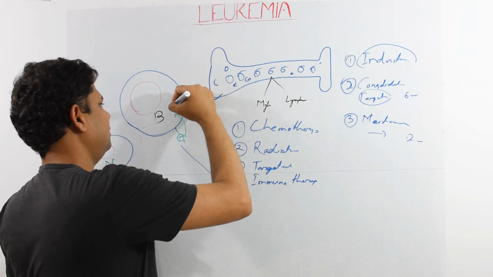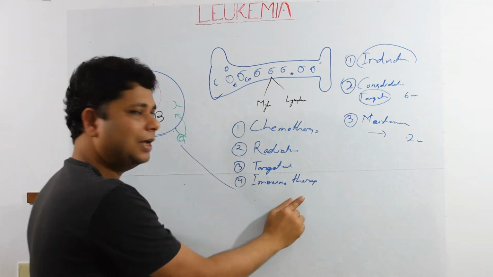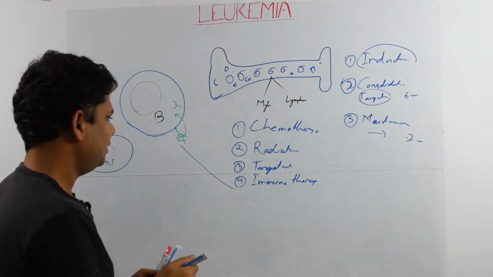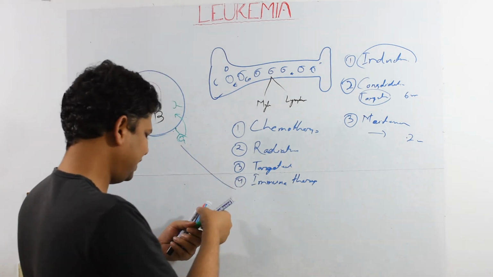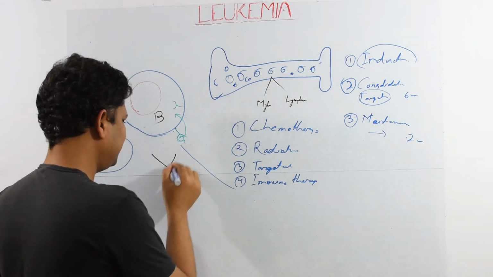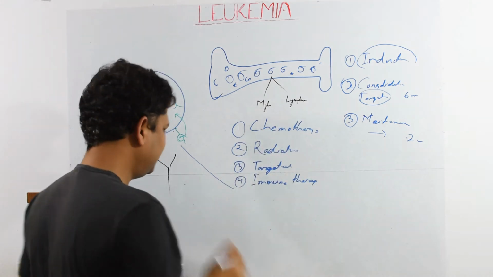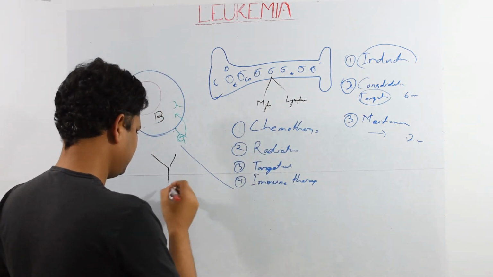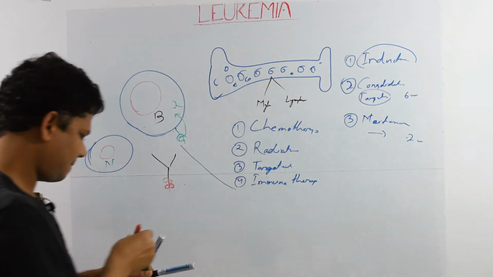This is the concept which is important for immunotherapy or antibody-drug conjugated therapy. Then, after finding the antibody, suppose this is the antibody, they conjugate some chemotherapy drug to this antibody. Suppose we are conjugating these drugs here.